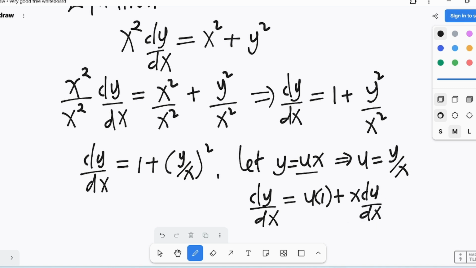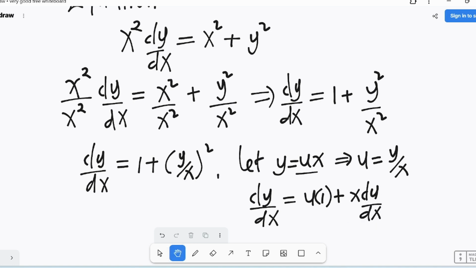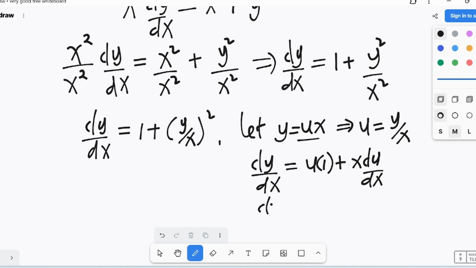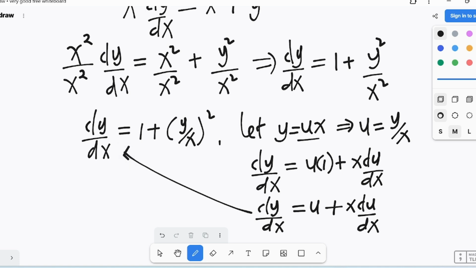Now, when we simplify this, we end up having dy by dx is equal to u plus x du dx. Now, this dy by dx that you have obtained is going to be substituted there.